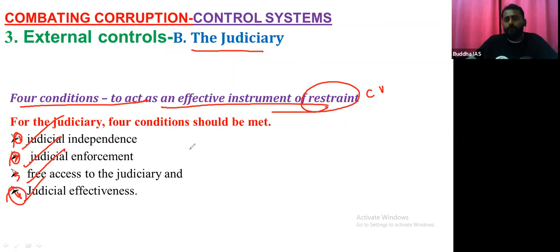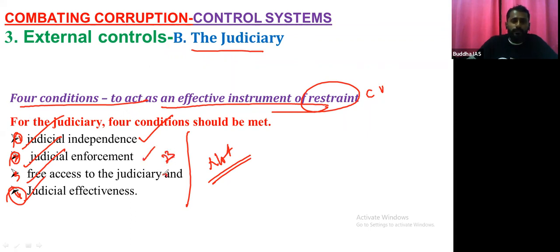Please let me know among these which are not present in India? Judicial independence, yes, we have. Then what about the others? Do we have judicial enforcement? Do we have two, three, four?